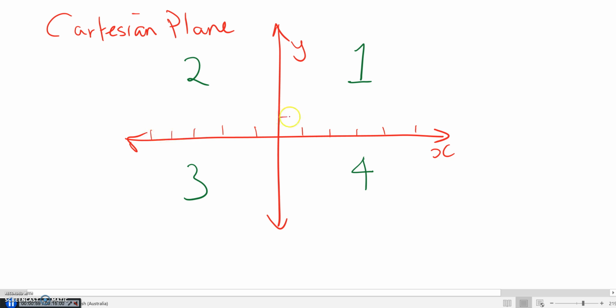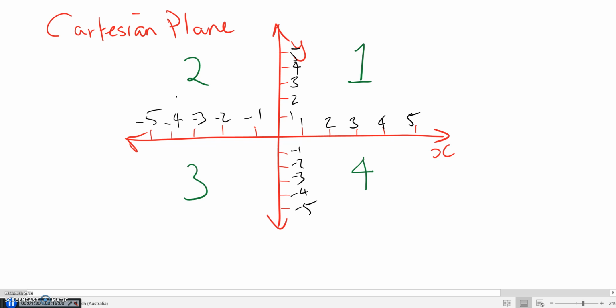Our y's, 1, 2, 3, 4, 5, all positives, and negative 1, negative 2, negative 3, negative 4, and negative 5. So I'll really quickly just go and put those numbers in.